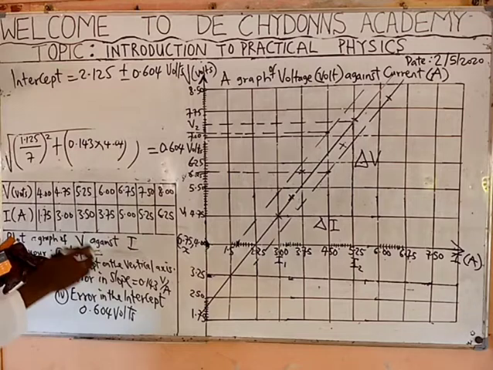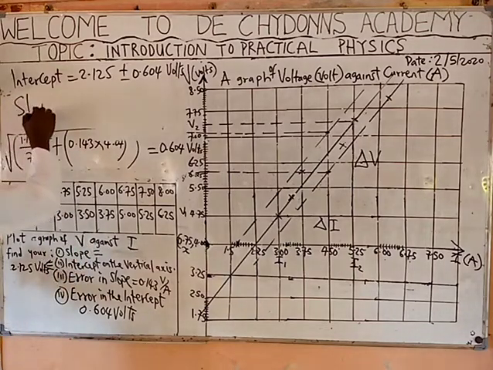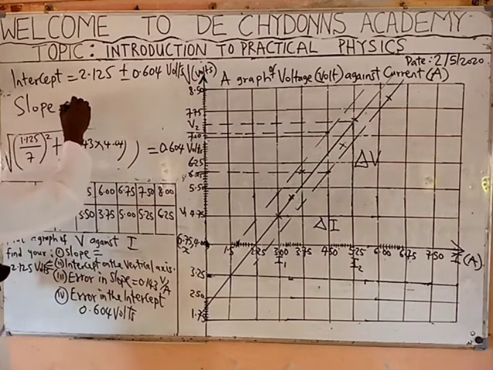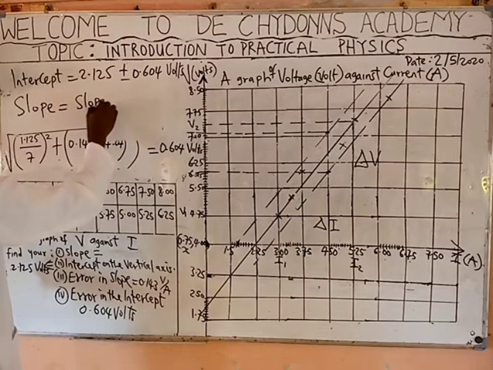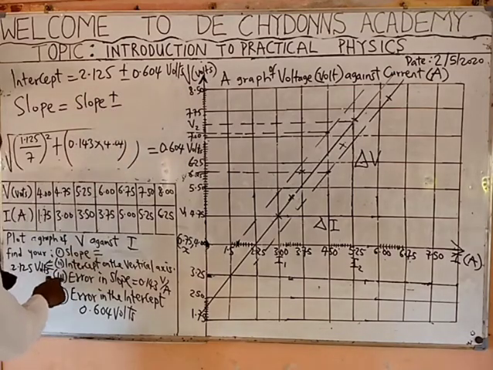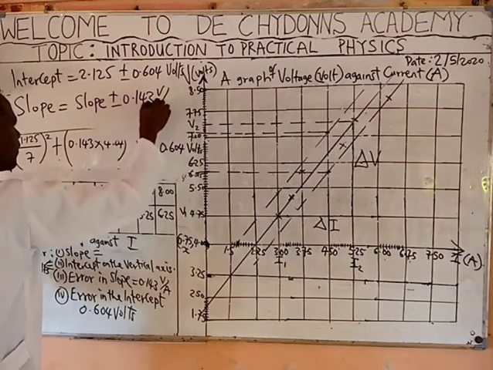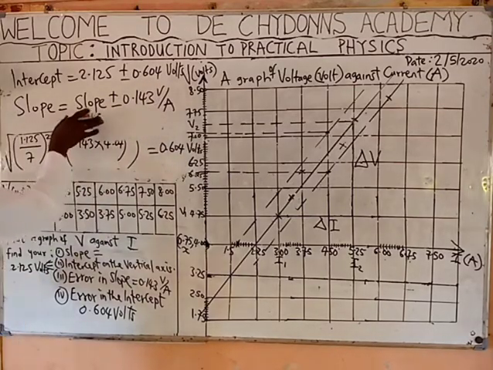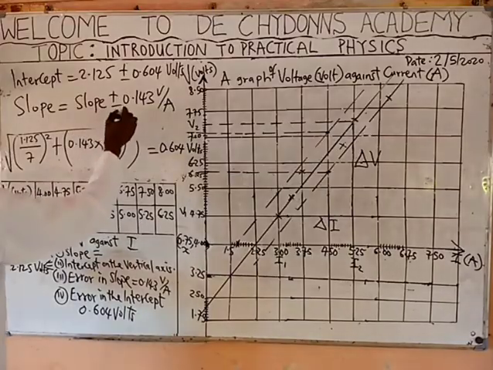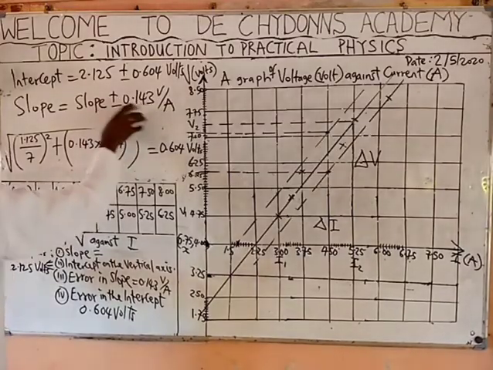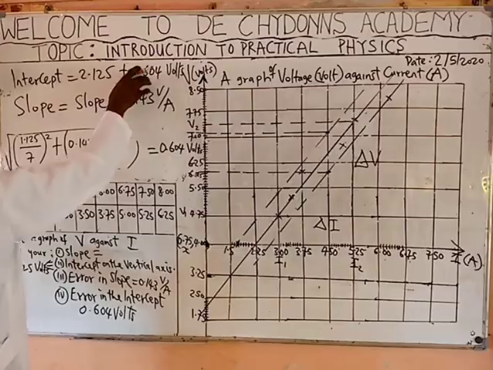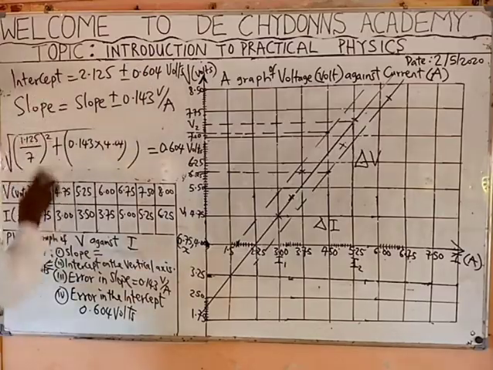Then for your slope, we write the actual value of the slope we got, plus or minus the error in the slope, 0.143 volt per ampere. So you have to package it this way because this is the error encountered while getting your slope, and this is the error encountered while getting your intercept.